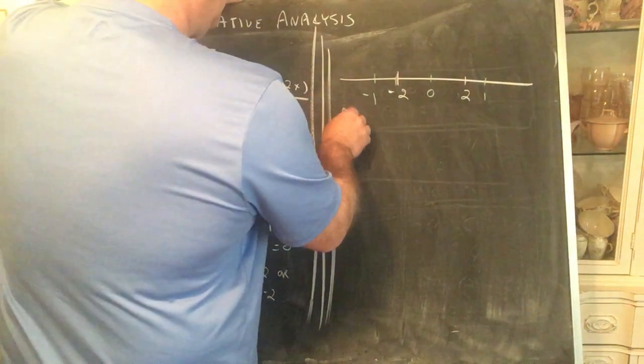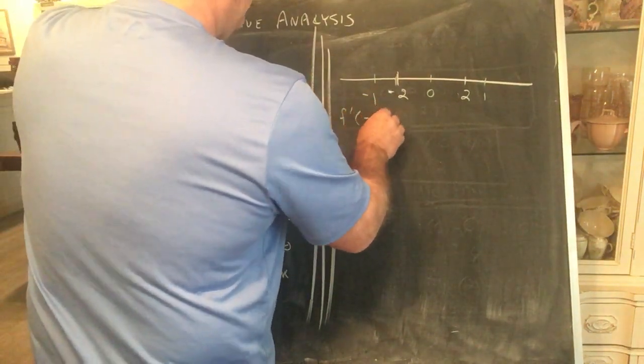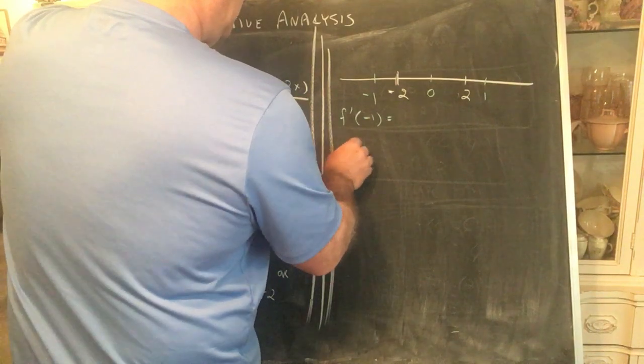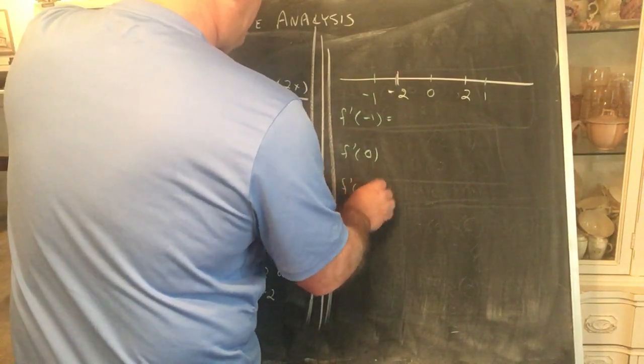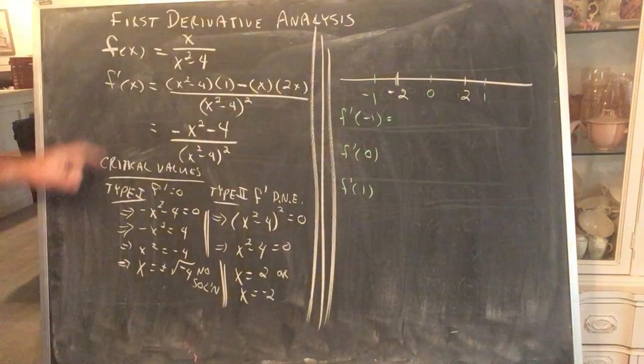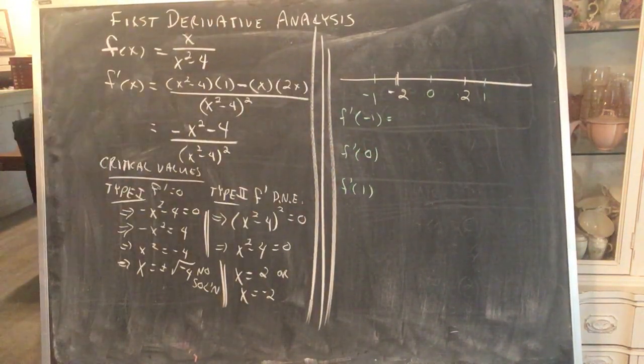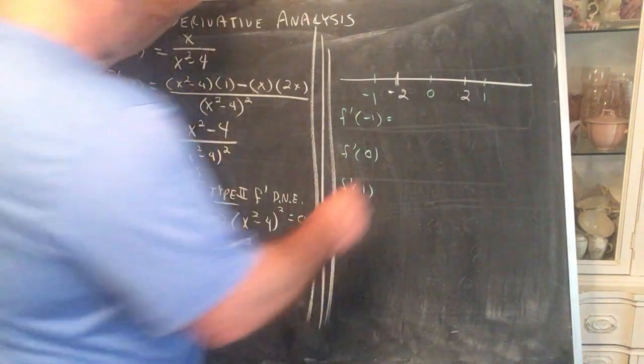So we need the derivative at negative 1, the derivative at 0, and the derivative at positive 1. Well, the derivative is negative x to the second minus 4 over this x squared minus 4 quantity squared. At negative 1, what do we have?